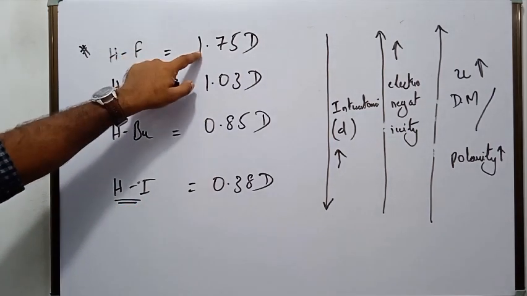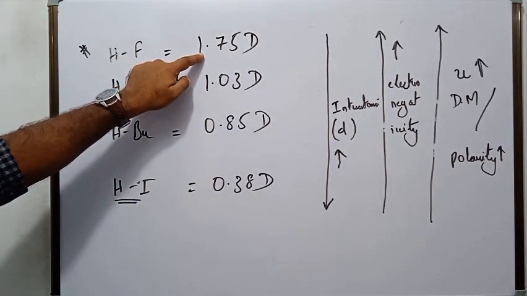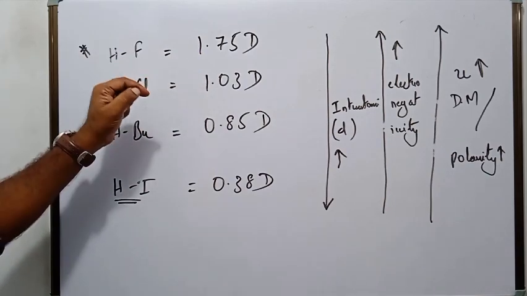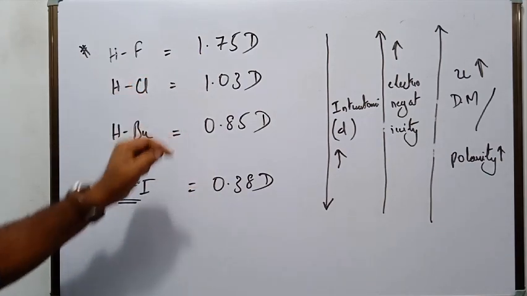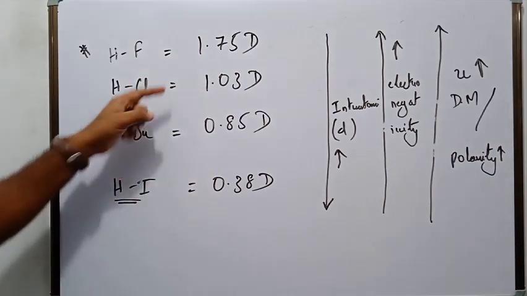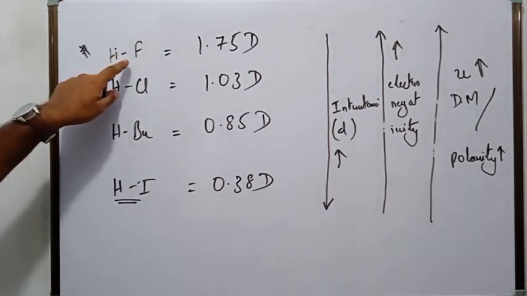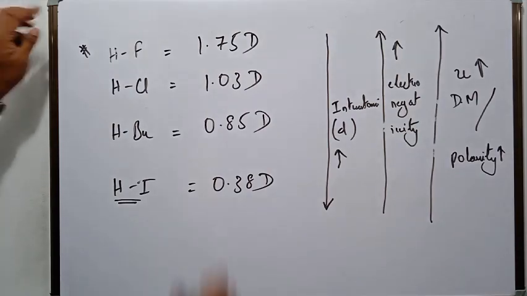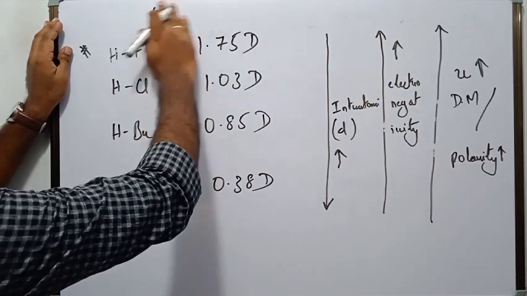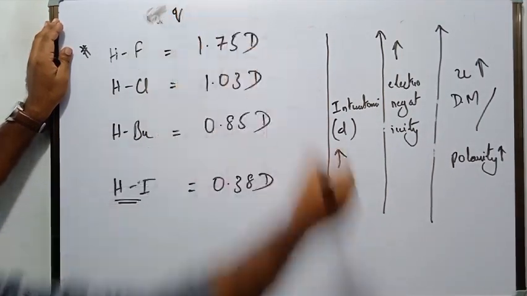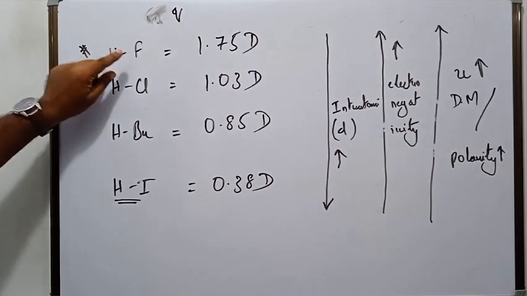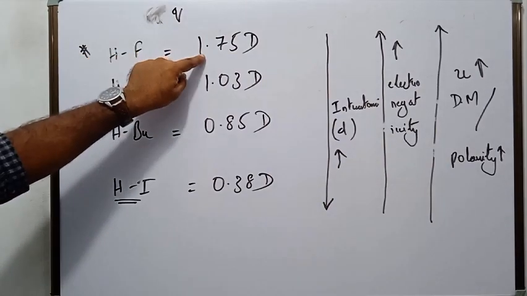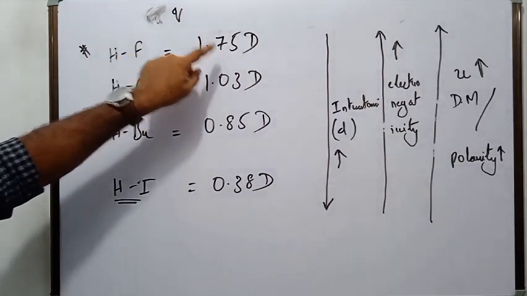Which has more dipole moment? HF has more dipole moment. Which has the least dipole moment? HI has the least dipole moment. So what is the reason for polarity? The difference of electronegativity. That is, charge is the reason. Q is the reason that HF is more polar and has a higher dipole moment.